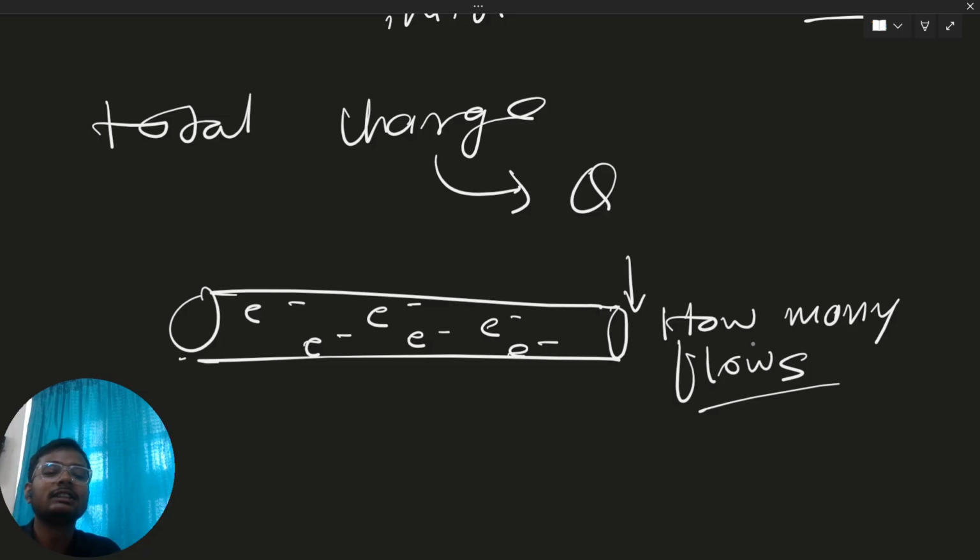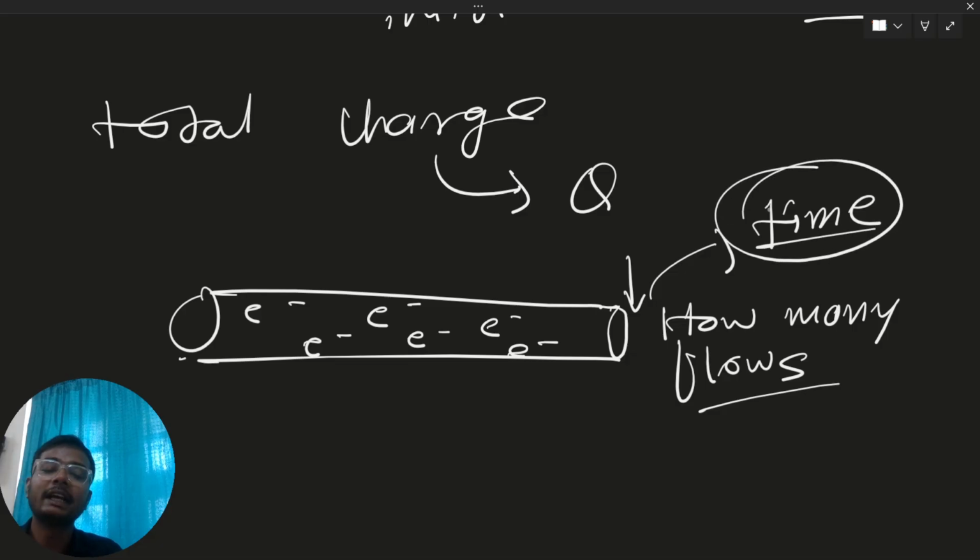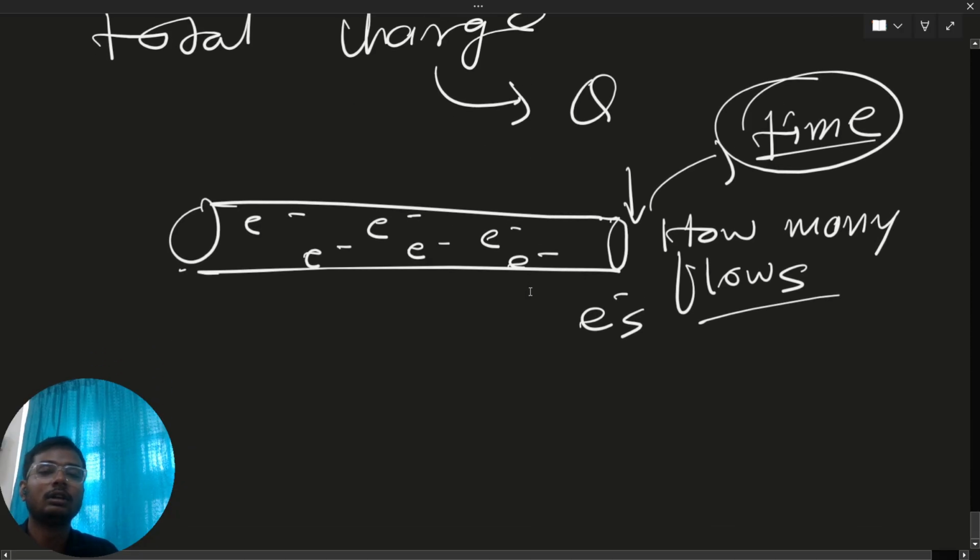But for reference, we have to take the time into consideration also. In this much unit time, how many electrons flow? Then I can compare with another one. So I take time as a reference point: in this much unit time, how much total charge has flowed.